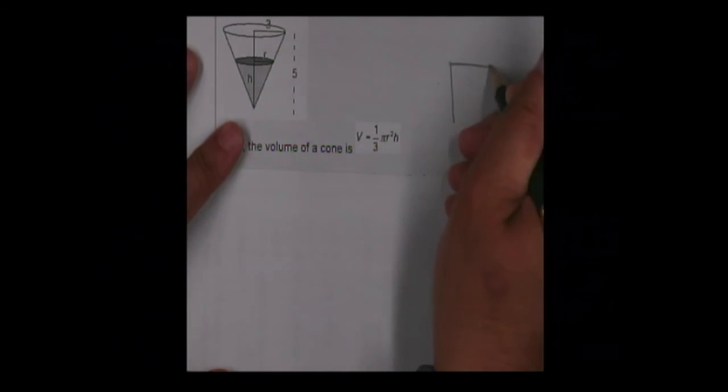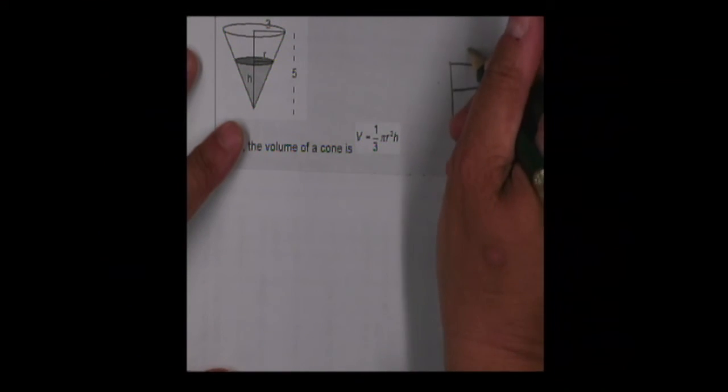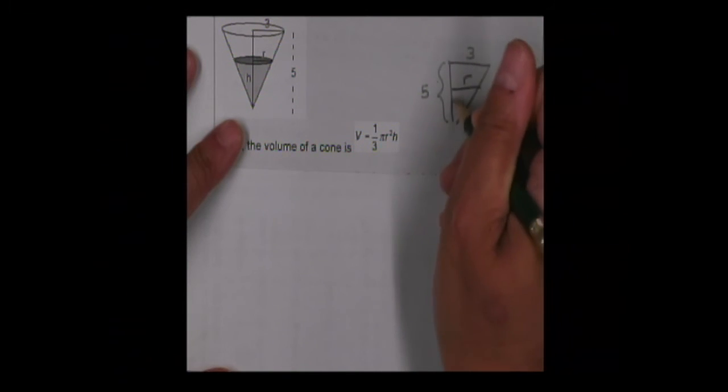Now, some of you may be able to figure that out, but most of the time, what you want to do is think of this in a two-dimensional situation and realize that you have similar triangles. And when you have similar triangles, the lengths of the sides are in proportion.